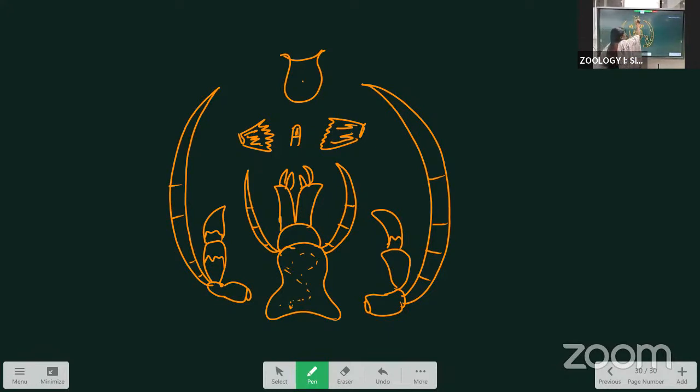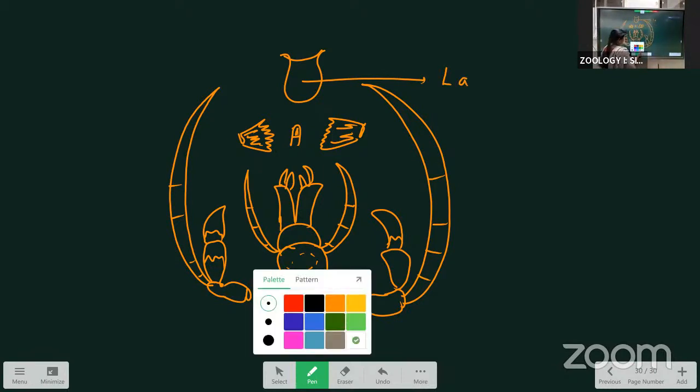The upper one is called the labrum, upper lip.